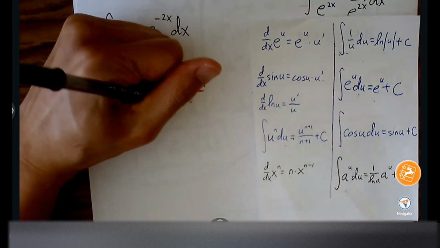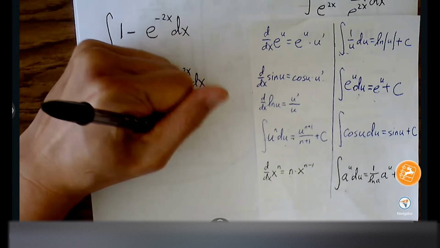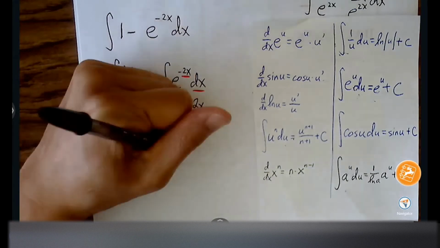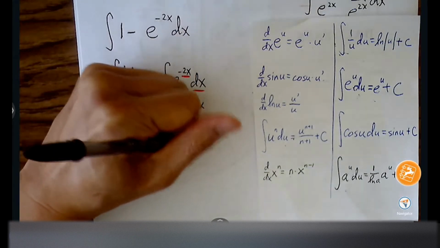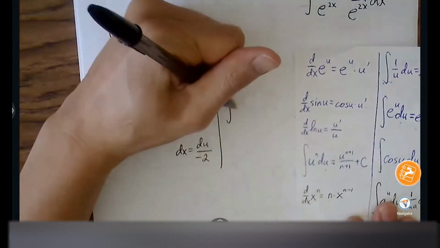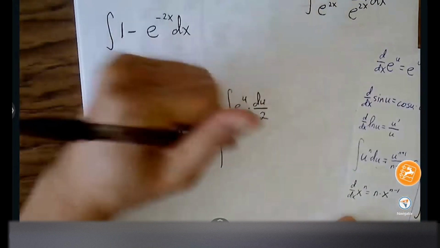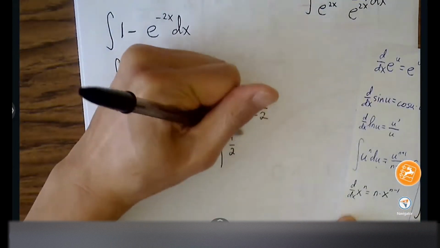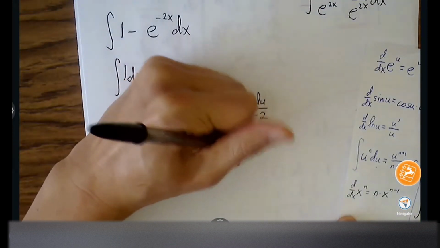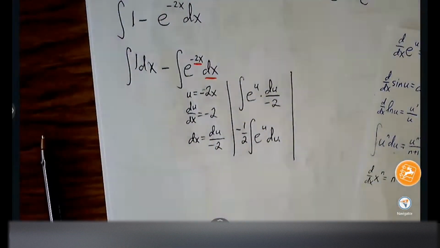So let's say our u value is negative 2x. So do you guys see that?